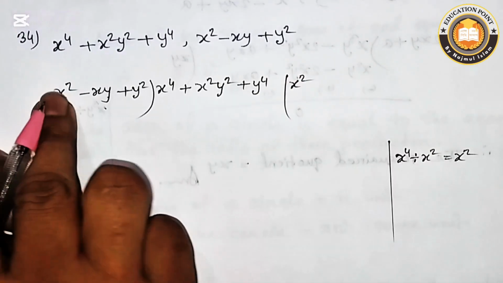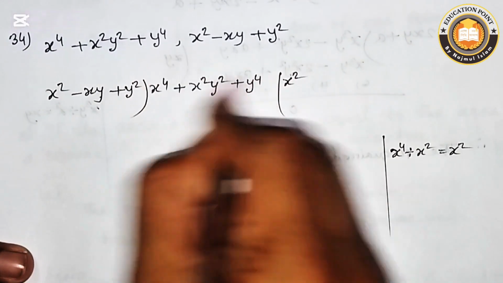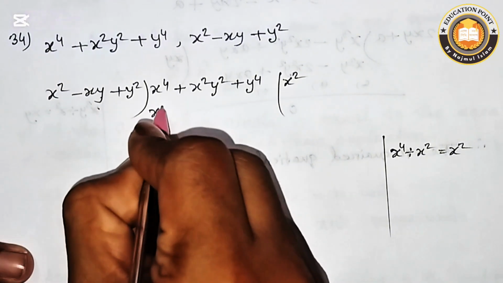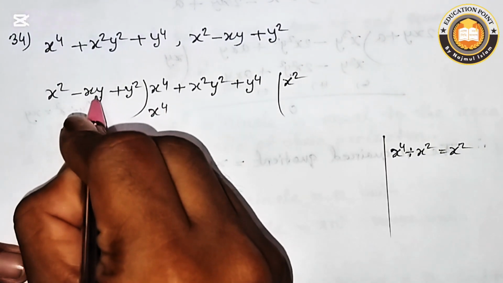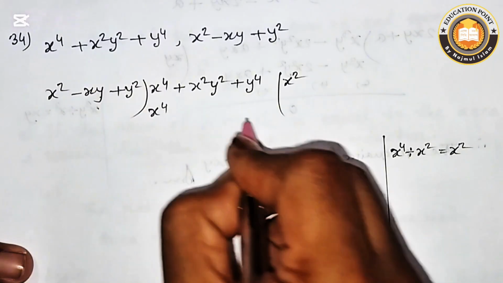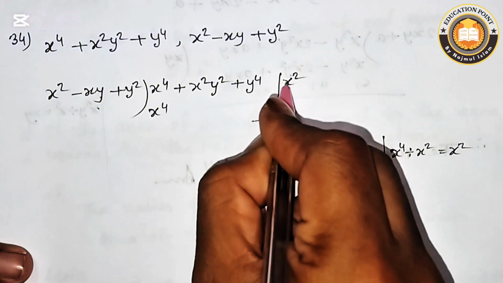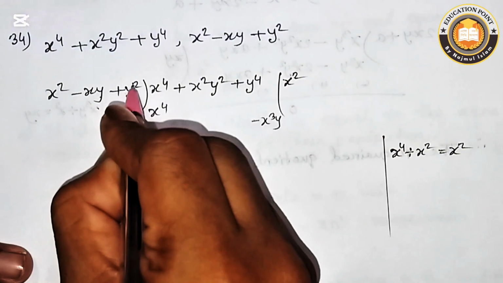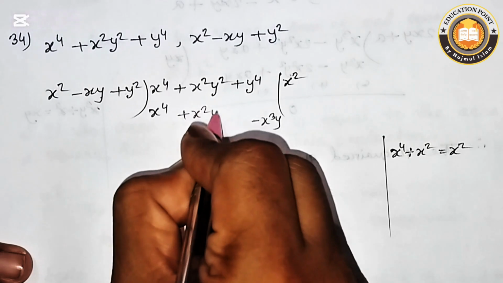Now x square multiplied with x square minus xy plus y square. X square multiplied with x square equals x to the power 4. X square multiplied with minus xy equals minus x cube y. Then x square multiplied with y square means plus x square y square.